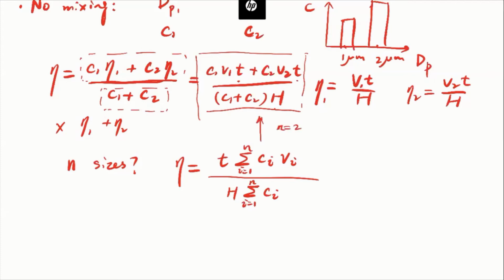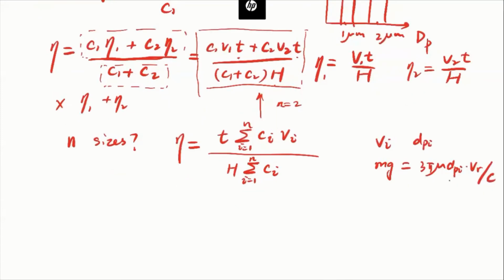And when n equals infinity, basically we can just plug in particles with different concentration and also particles with different settling velocity. So again, this Vi here is the settling velocity of the particles with the size of dpi, right? We can use mg equal to 3 pi mu dpi multiplied by Vr divided by c to calculate what is the dpi. So you can plug that in.